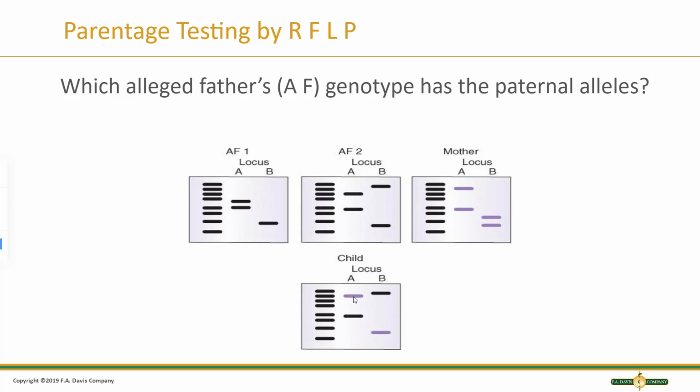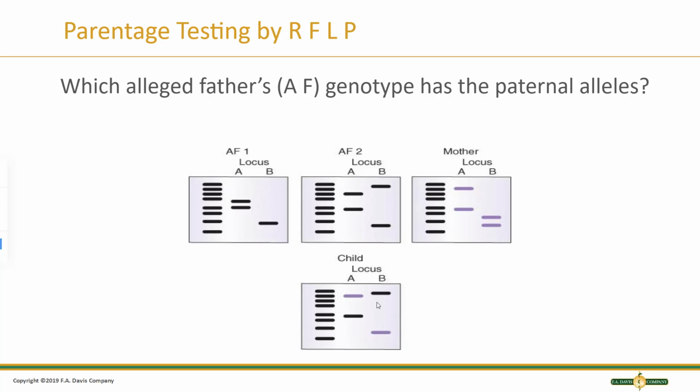Now, typically, we know the maternity. We know who the mom is of the child, because we're pulling the child out of the mom. So we go down the bands and we start reading these. And we say, oh, this one came from mom, so we're not going to worry about that one. And we keep going. Then, this one came from mom, so we're not going to worry about that one.